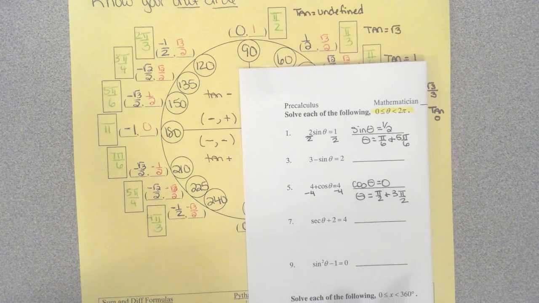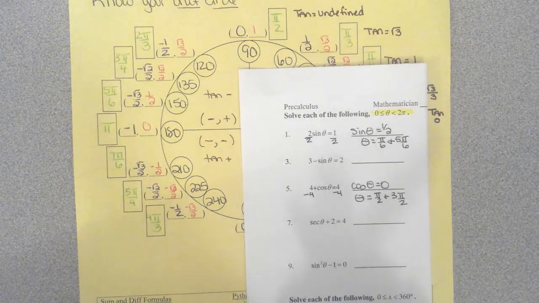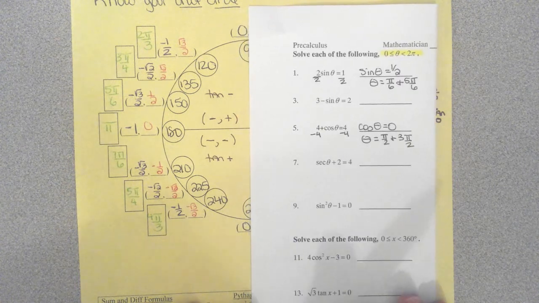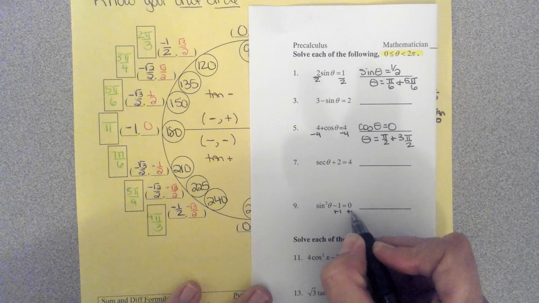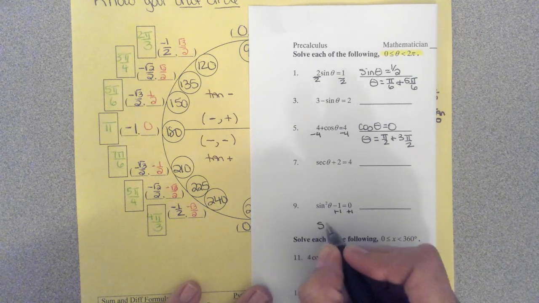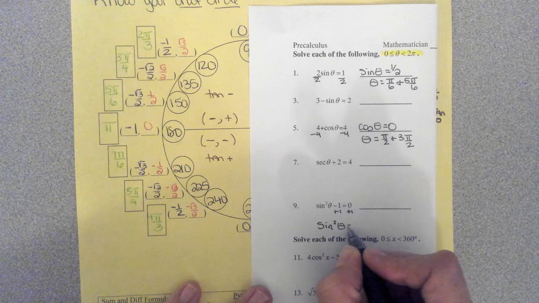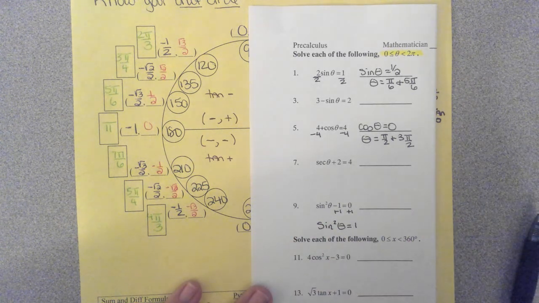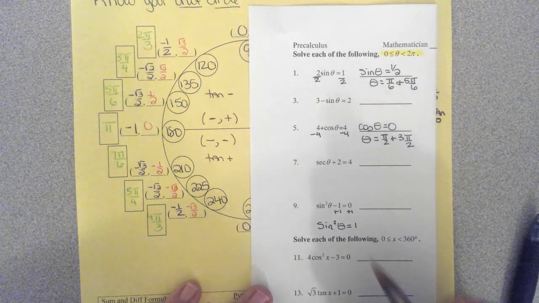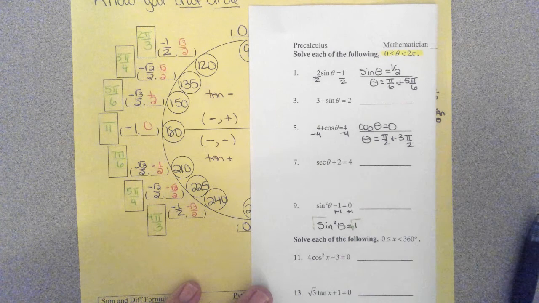Okay, let's go do number 9. On number 9, when we're solving, the first thing we would normally do is add 1 to both sides. And we have sine squared theta equals 1. And that's not a big deal. Where people are having trouble in class is this next step. I have to get rid of the square, so we're going to square root both sides.